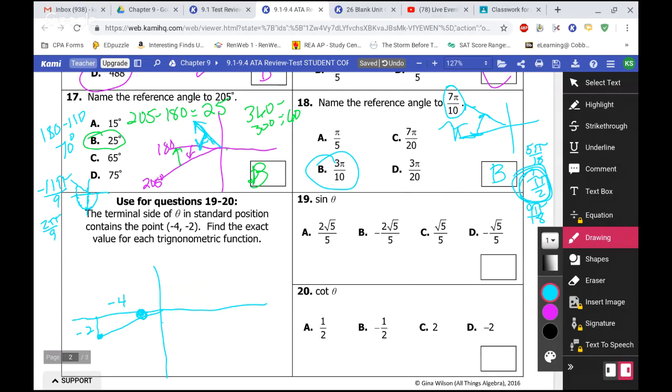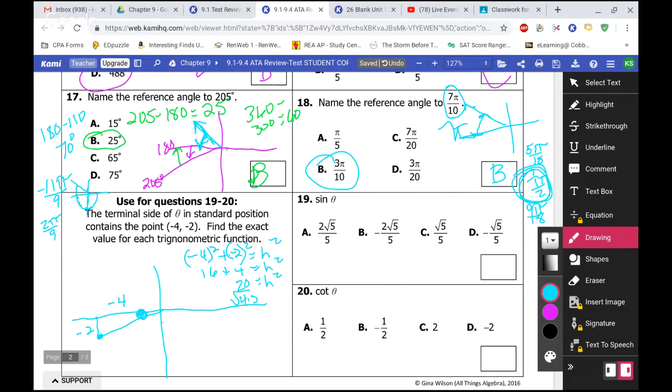So I've got my adjacent side and I've got my opposite side. Now what I'm going to do is find my hypotenuse by taking negative 4 squared plus negative 2 squared equals my hypotenuse squared. So that's 16 plus 4 equals h squared. 20 equals h squared.